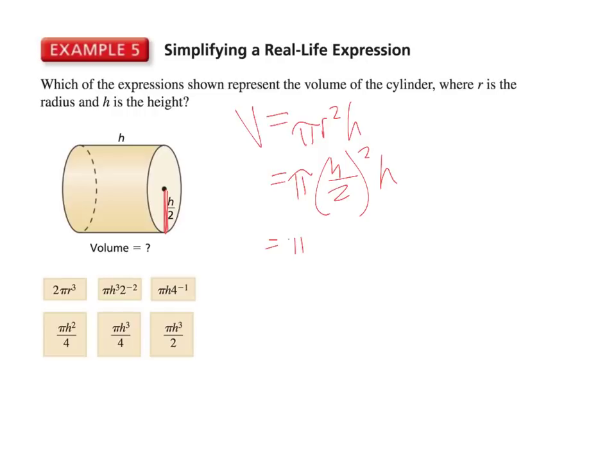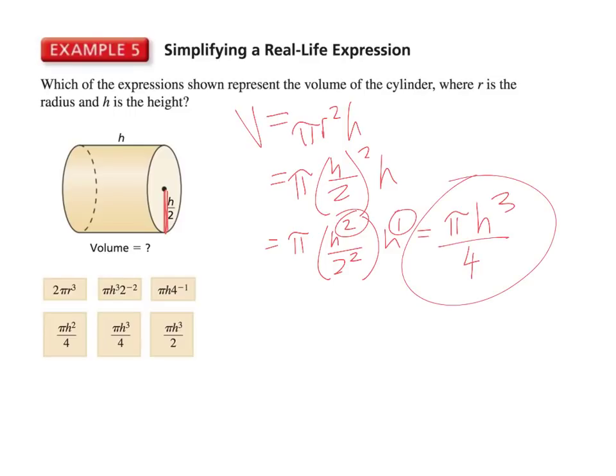So I end up with pi times h squared over 2 squared times h. And then I end up with pi h cubed, because that's a 1 there, so I'm adding these two. And then all over 4, because 2 squared is 4. All right, so that's my volume.